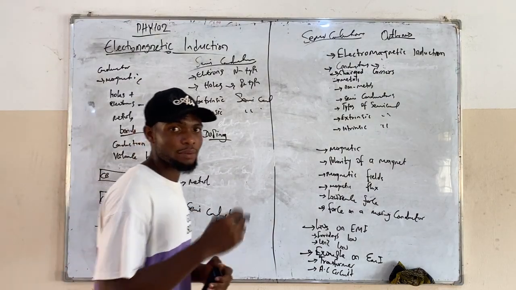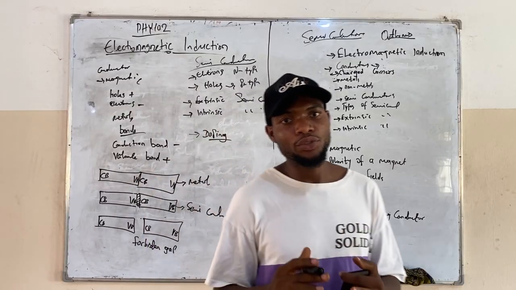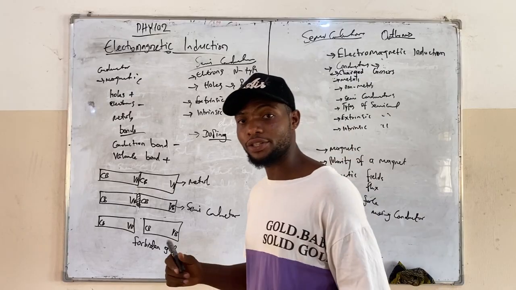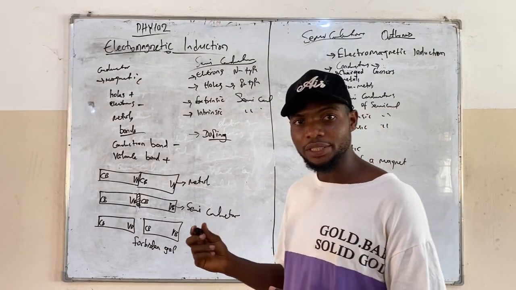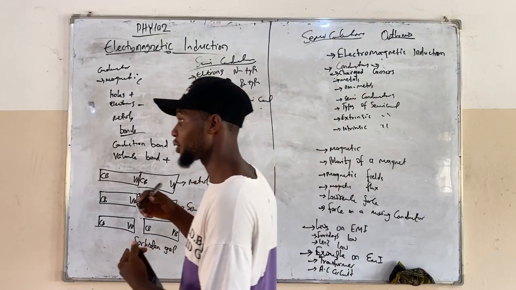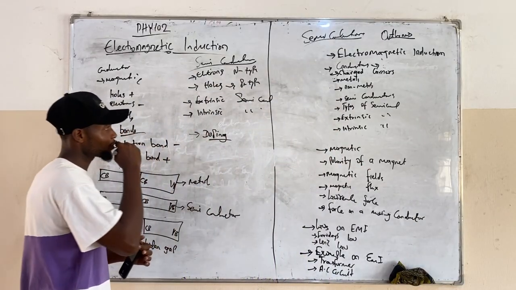Take for instance germanium. If you want to increase the conductivity of germanium, introduce what? A tetravalent compound into the structure in order to increase the conductivity of germanium.